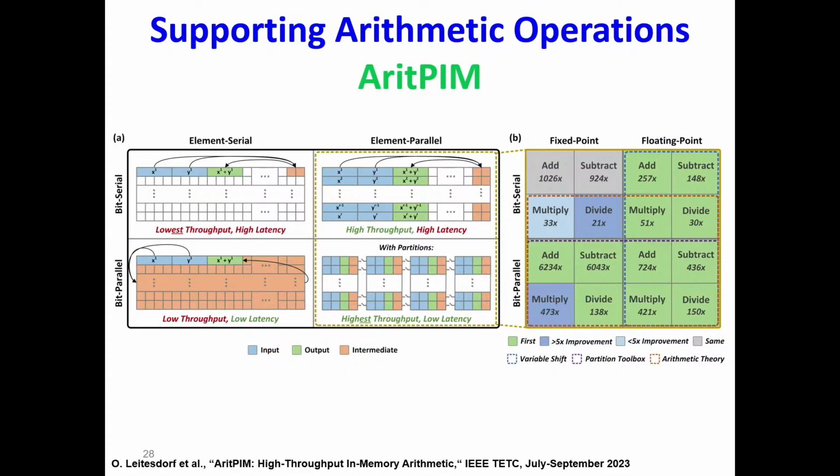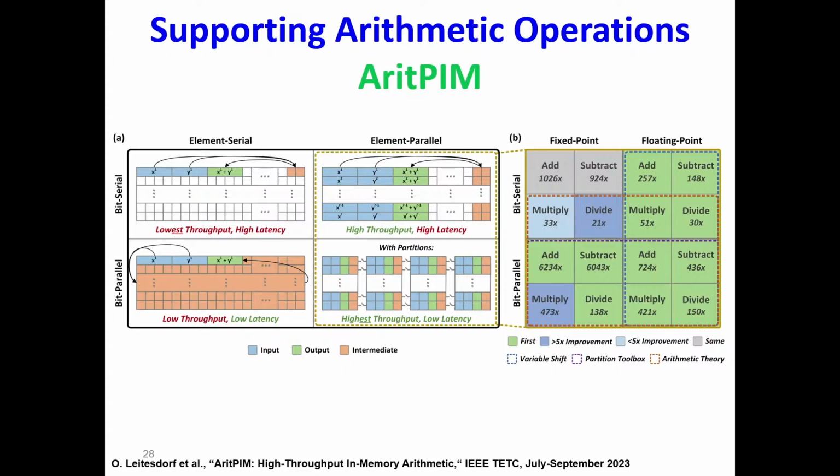When we talk about bit parallel and element serial, this is something that can be done, because the idea is that we use multiple row parallelism to calculate different bits from the same element. And Rotem worked a lot on that. She developed a tool called SIMPLE MAGIC that exploits the parallelism within the element.